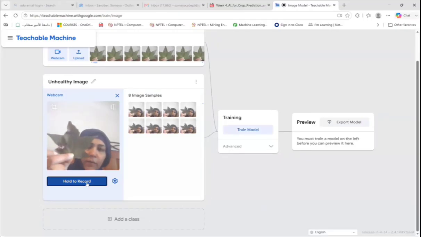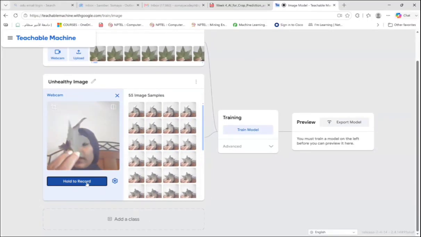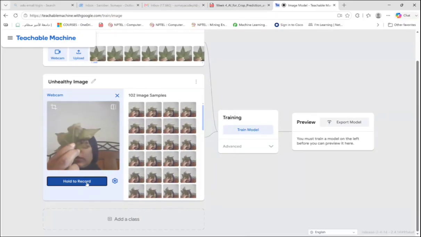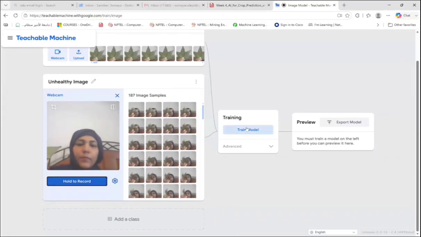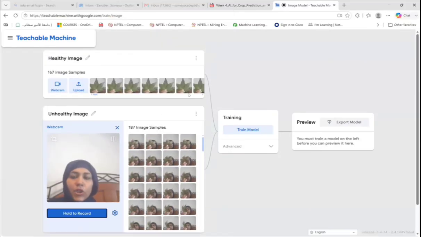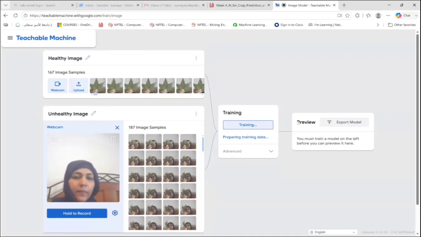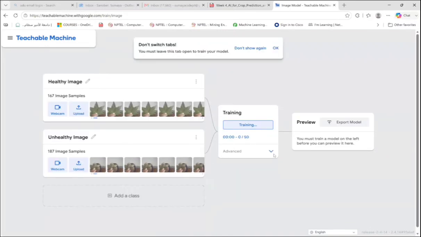I'm going to train my machine that this is what an unhealthy leaf looks like. Then I'm going to train my model saying that this is what a healthy image is, and these are the unhealthy images, right? Now this is training.